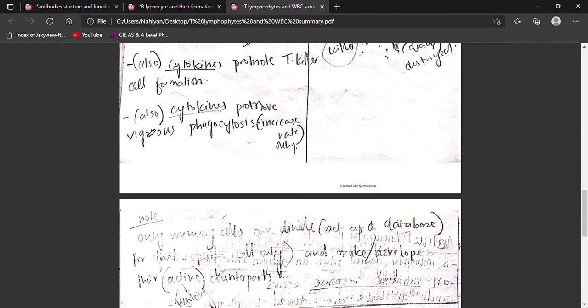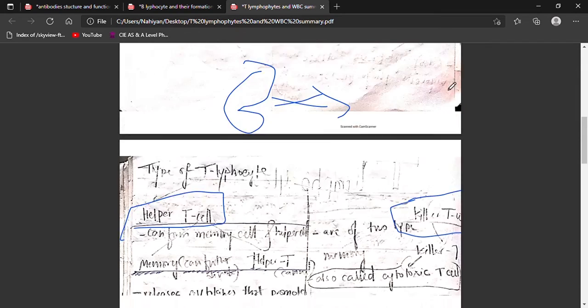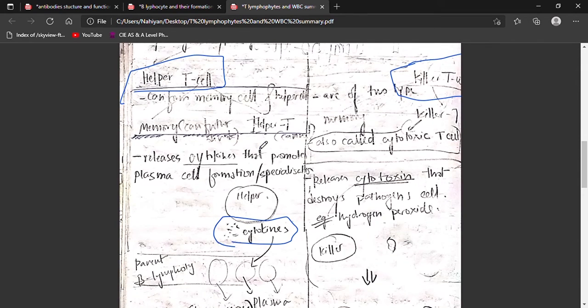Cytokines also promote vigorous phagocytosis, so the phagocytes do their ingesting process. The helper cells help the other type of WBCs contribute more towards killing the pathogen.